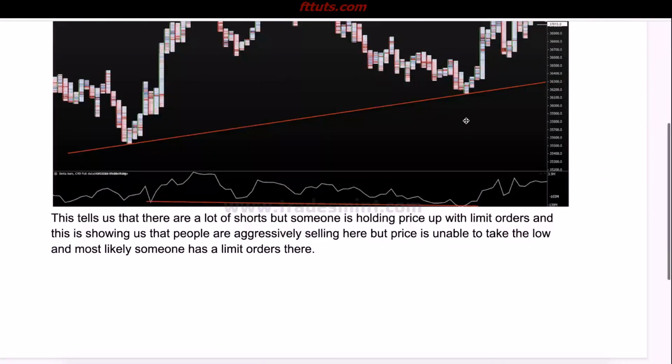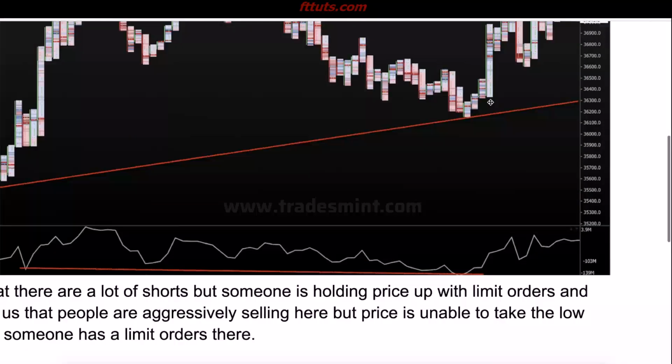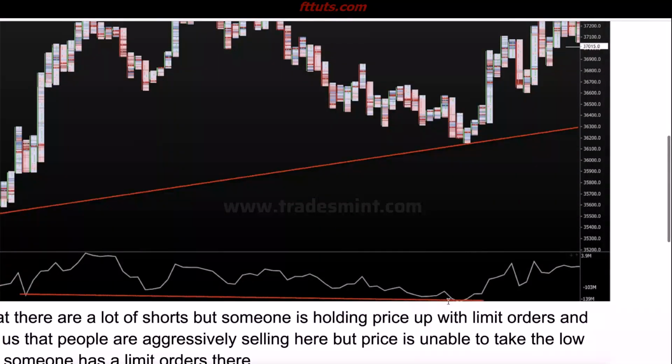Actually, this picture doesn't show what I am looking for. What we would also like to see sometimes is that on a higher time frame we see it on a long-term scale, and on a lower time frame, right as we get this reversal, the CVD will even be getting lower than that.